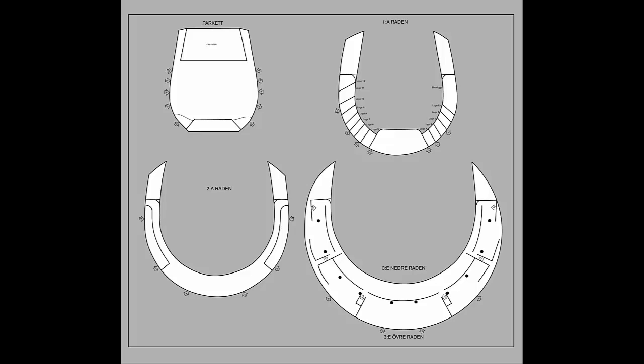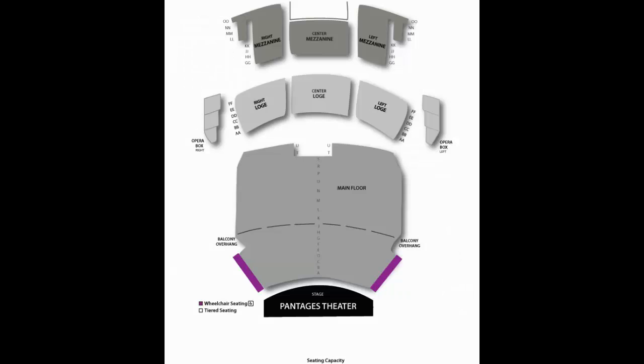But we see in this next example that this one's a little bit more flat. We don't have the extreme curves that we see in the other two examples. But even still, we see that it's still very monochrome. We still will see where the stage is, where the accessible seats are. We see that the labeling of the sections is outside.